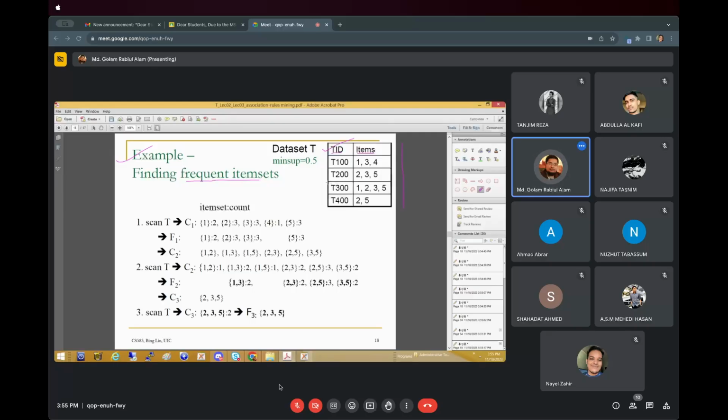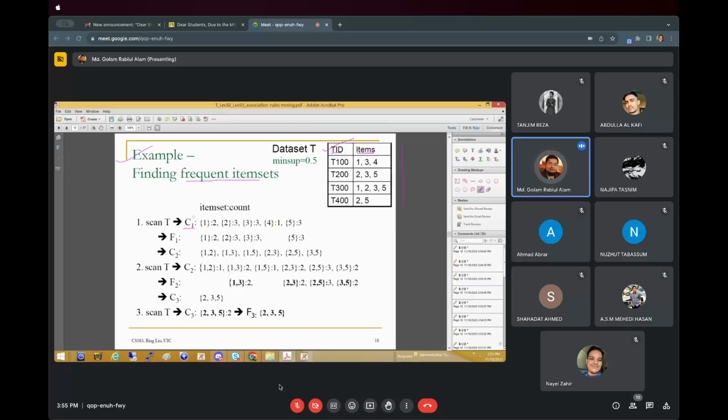Now, at first, we have to think about finding the candidate sets. So at first, the candidate set.